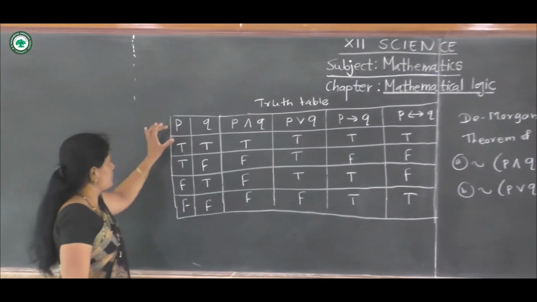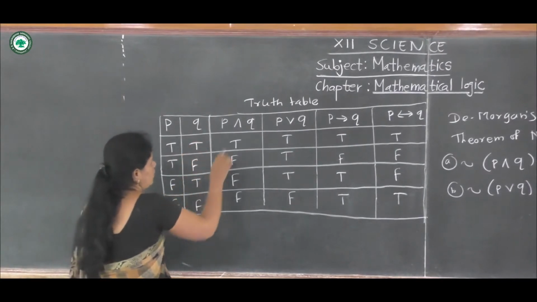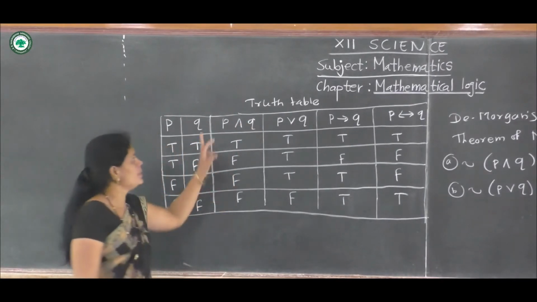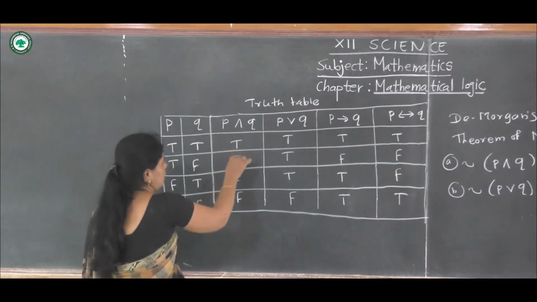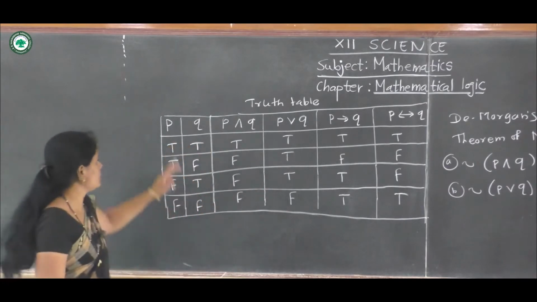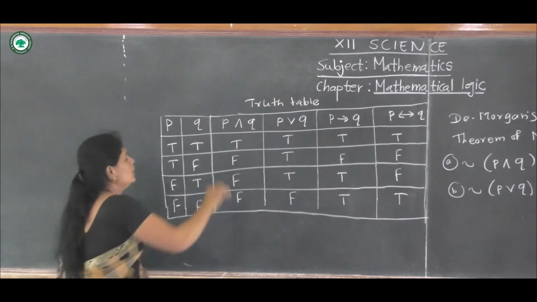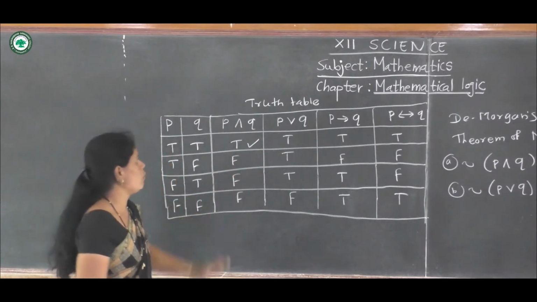First, P: T, T, F, F; Q: T, F, T, F. P and Q: only when sentence P is true and Q is true, then P and Q is true. Otherwise, all the values are false.